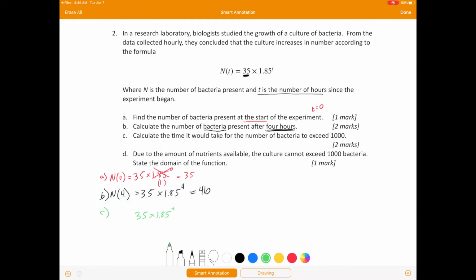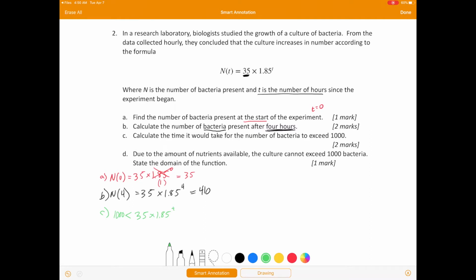We want that number to be bigger than 1,000. Now, of course, you can just put that in and you can calculate T with an equal sign there on your TI-nspire. Doing nsolve is the easiest way to do that. You don't need to show the algebra using logarithms and things like that. Of course, you're welcome to, but I don't think that that's the best use of time usually.